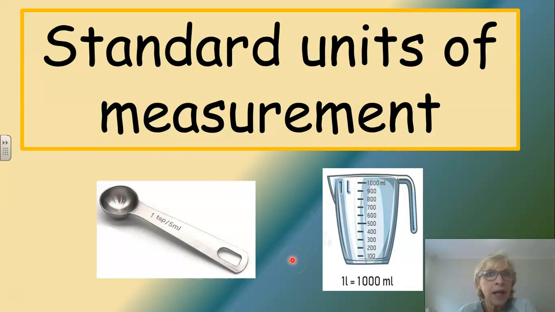So if someone says you need 1000 milliliters or 1 liter of water for your recipe, you know exactly what to do. Or if it says you need to put 1 teaspoon of baking powder into your chocolate chip cookie recipe, you know you're going to put that amount in. There's no argument, no confusion.